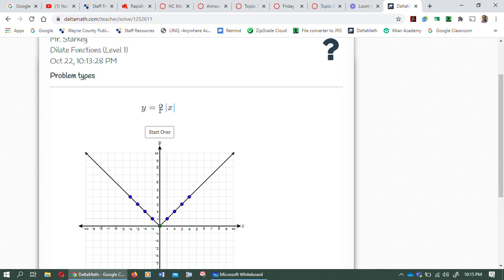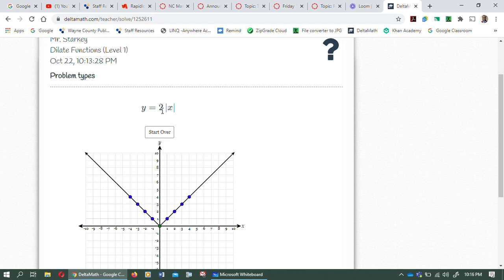Again, guys, I've tried to show you earlier in this video how the equations will look when you have a vertical stretch or a vertical shrink. But because this number that we're multiplying on the outside of this function is bigger than 1, this will be a vertical stretch.